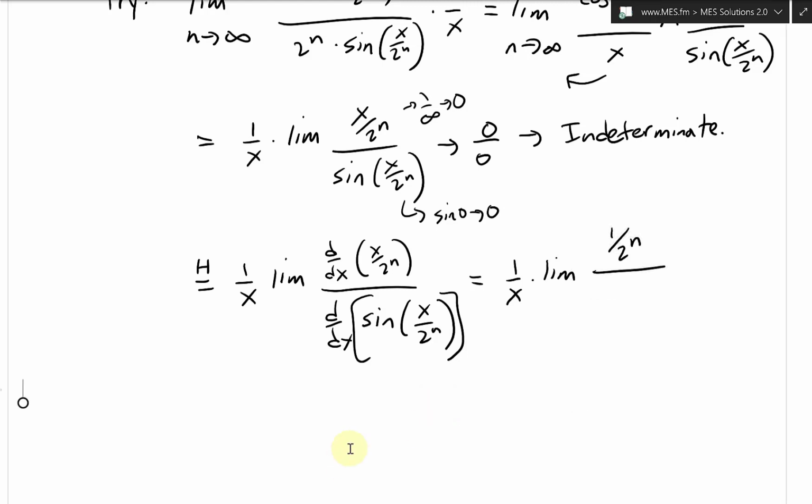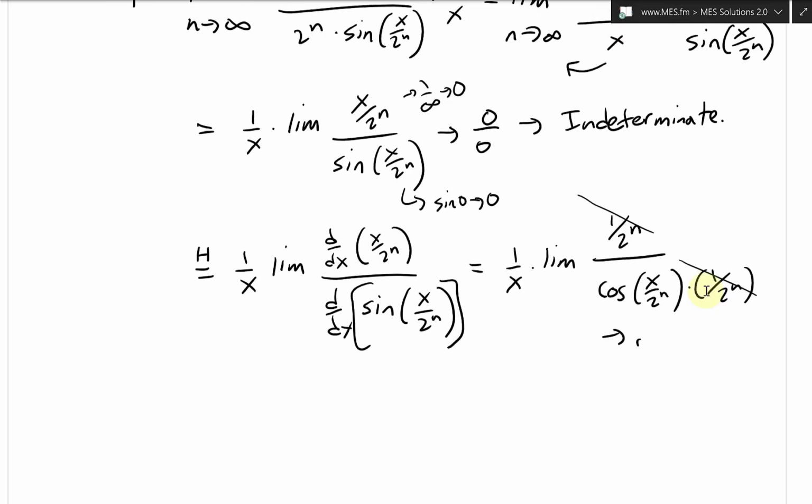Recall the derivative of sine is cosine, so this is cosine of x over 2^n. Then using the chain rule, we multiply by the derivative of the inside, which is 1 over 2^n. In other words, this whole thing cancels with the top. So what we're left with is cosine 0, which is approaching 1.